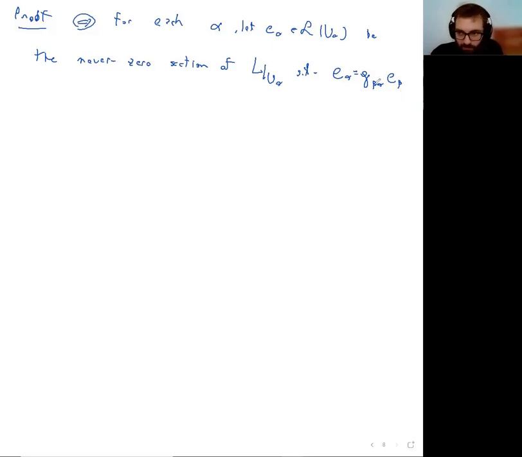So if you don't remember how this was obtained, you can just think that e alpha is simply the pre-image of x1. And they behave well.